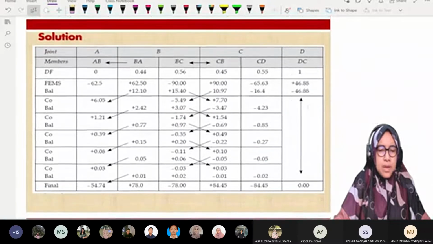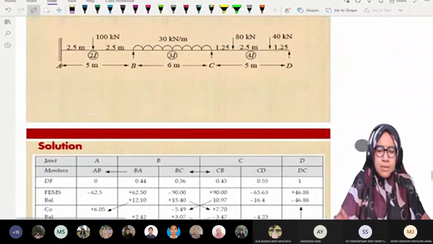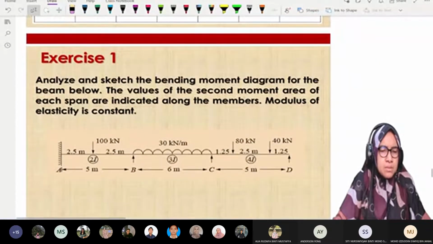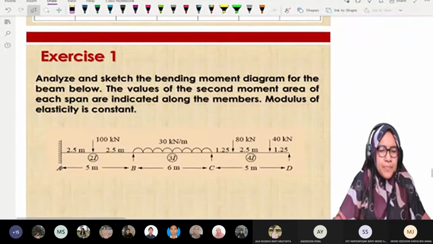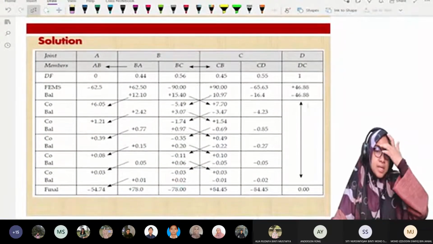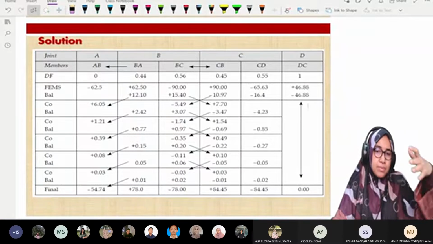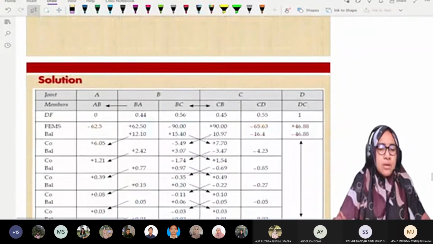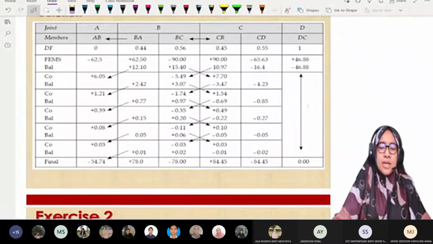Nampak macam N dia N. Tak clear dia punya support kat sini. Tapi kalau tengok dekat sini, N pin or N roller. Kau tengok daripada solution, that's why dia dapat zero macam ni.